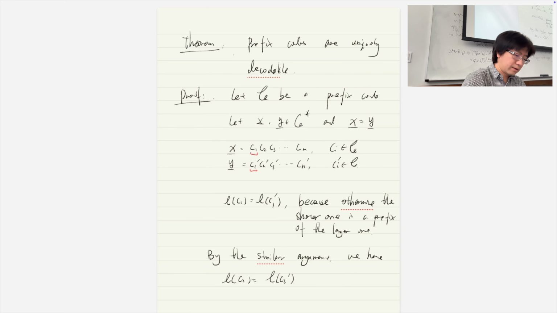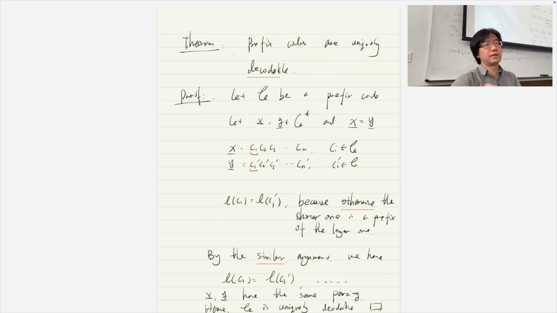Then we just continue, and we can conclude that X and Y have the same parsing, and hence C is uniquely decodable. If they have the same parsing, of course, there's only one possibility for decoding. Okay, questions?